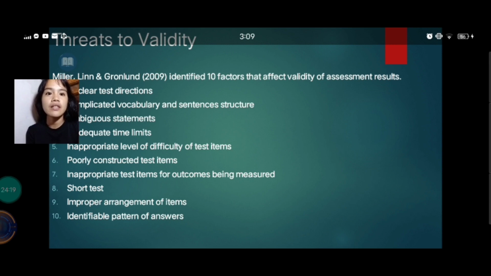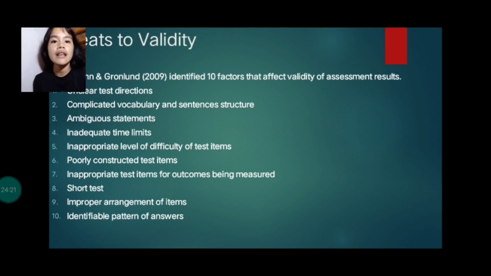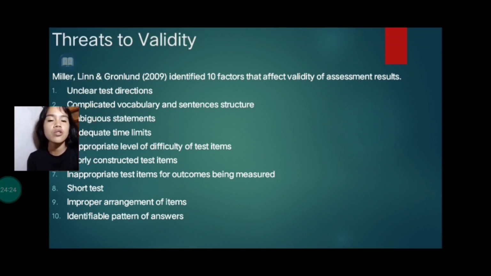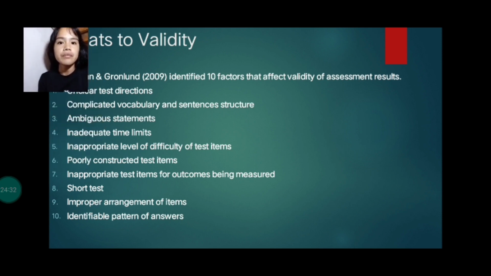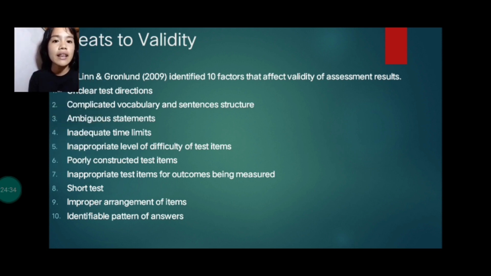So these are the threats to validity according to Miller, Linn and Gronlund. They identified 10 factors that affect the validity of assessment results. Number 1 is unclear test directions. The directions we give must be clear to the student.